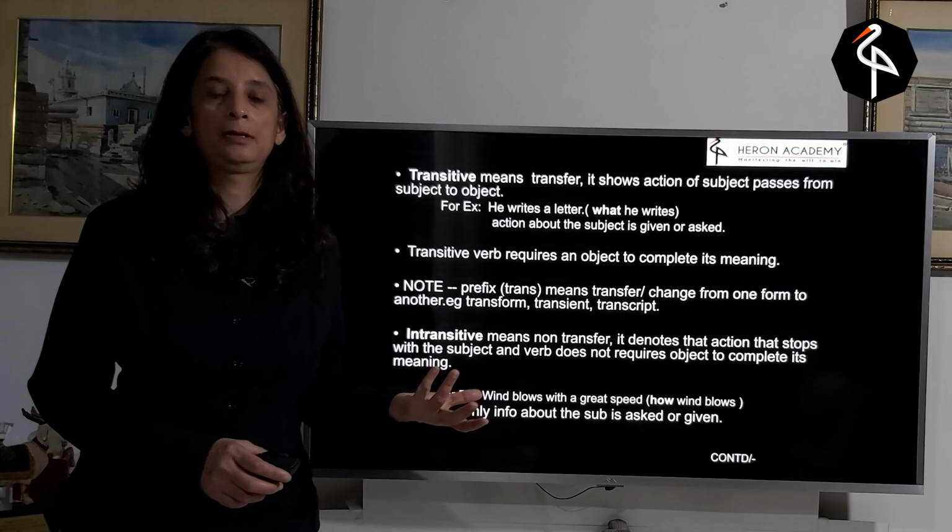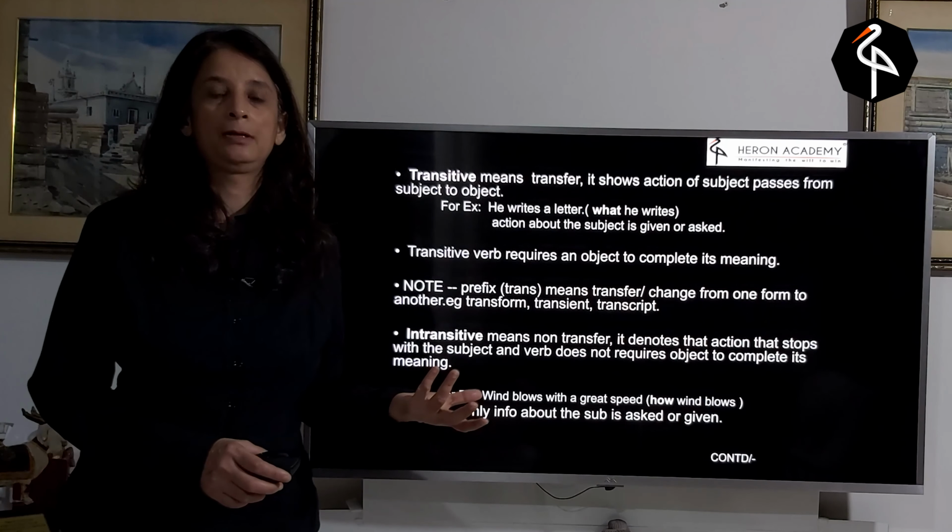The action of the subject you are asking or speaking requires an object. If an object follows, then it can be changed. If the subject does not require an object and the statement is only giving information about the subject, that means it is an intransitive verb. You cannot change it into passive. Please keep it in mind.